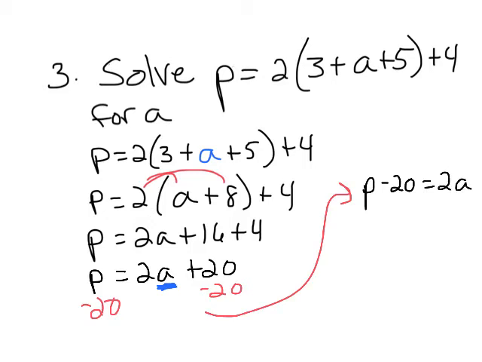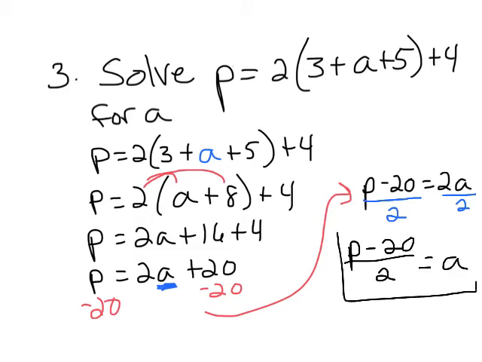The final thing to do is to get rid of the coefficient, and I'm going to do that by dividing away the 2, which means I divide away on the other side. And you can leave it as that fraction. P minus 20 over 2 is equal to a. And that is your answer solved in terms of a, meaning a is by itself.